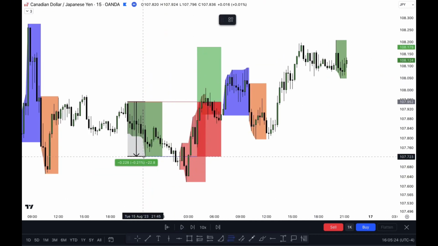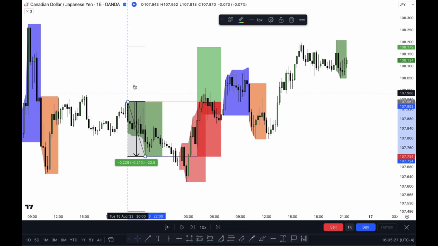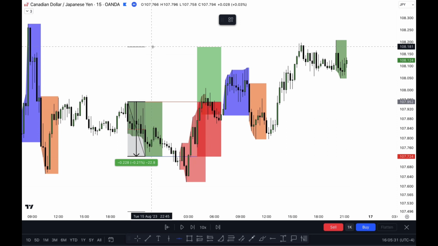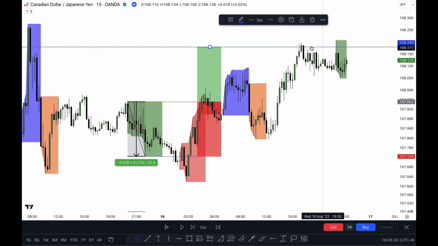So 1 standard deviation of the Asian session range right here. So we get that touch. TP1 hit. So you were able to acquire 22.8 pips without taking a loss of 22.8 pips. So this is exactly how I like to utilize the Asian session range to help me find a London stop entry model.